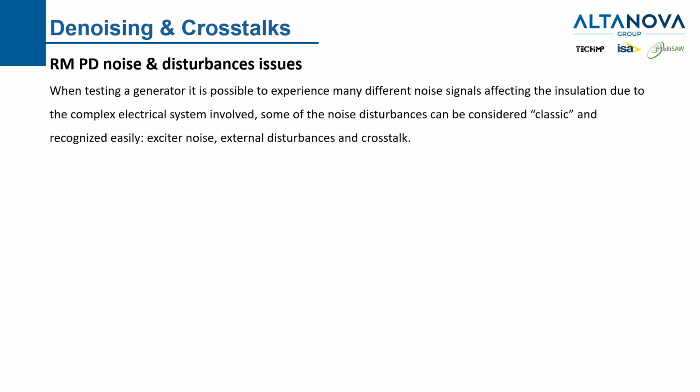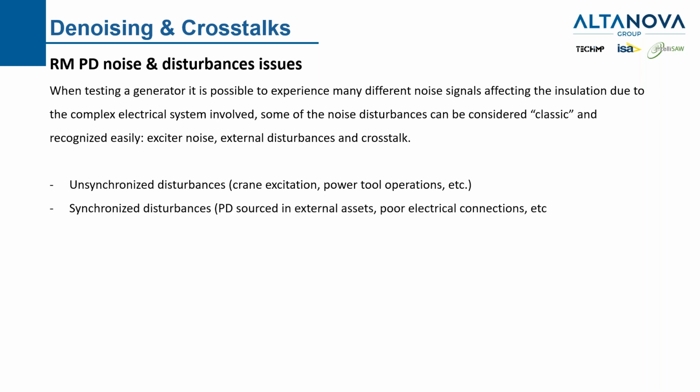So what are the rotating machine noise and disturbances we can have during normal partial discharge testing? We can identify unsynchronized disturbances, which come from the environment, for example crane excitation, power tool operation, and so on, or synchronized disturbances.